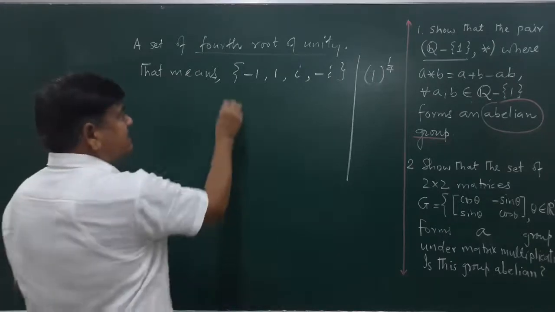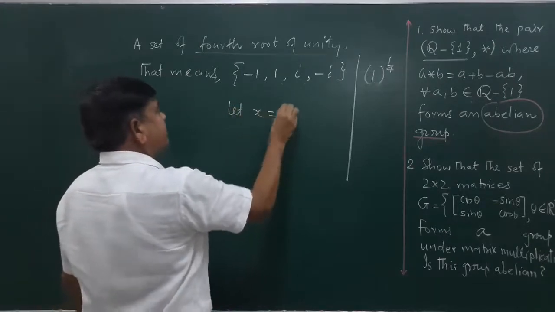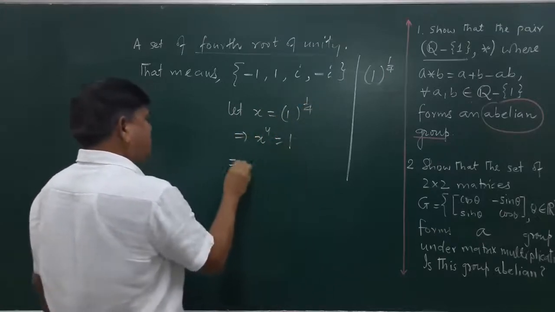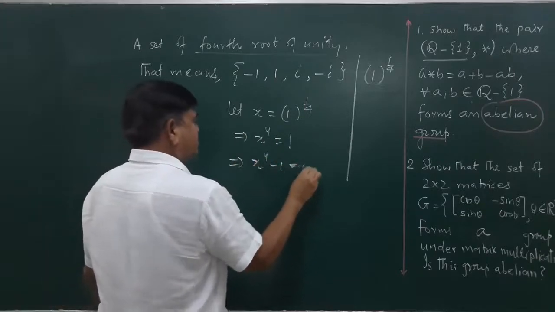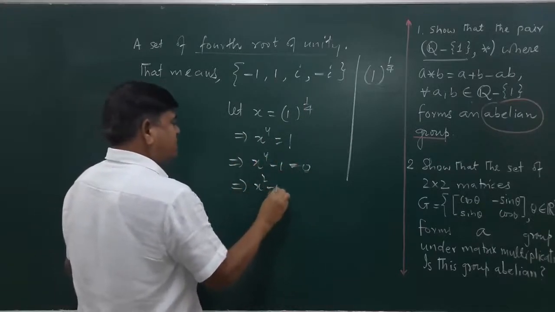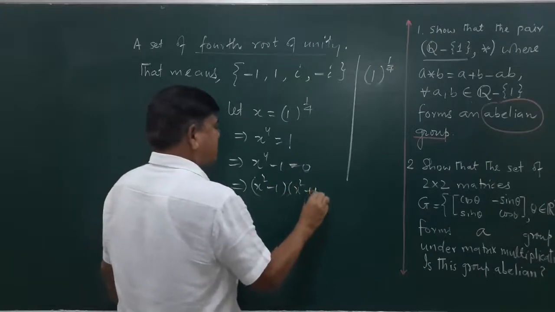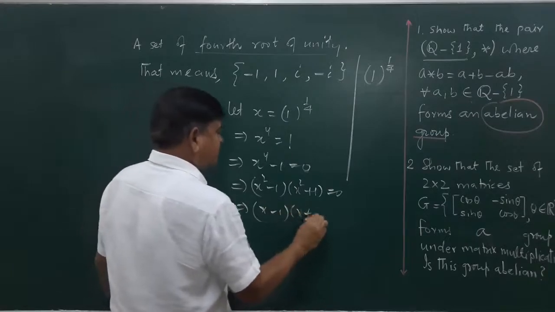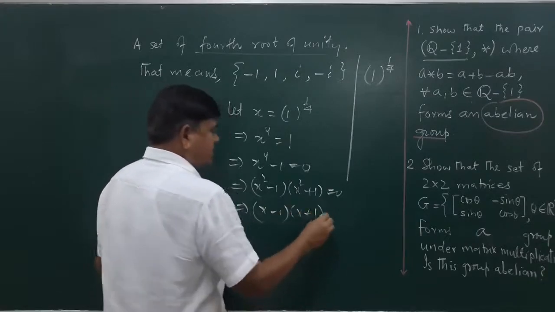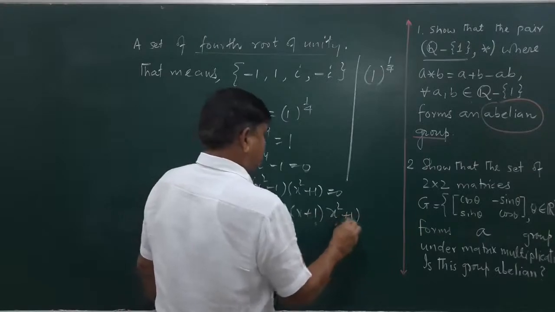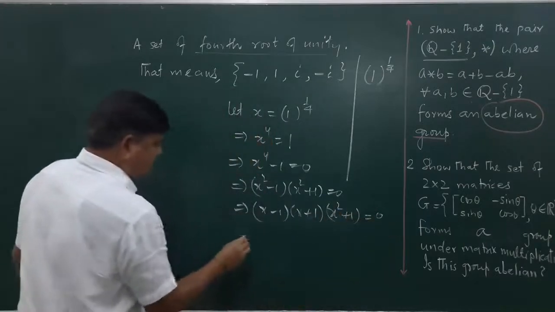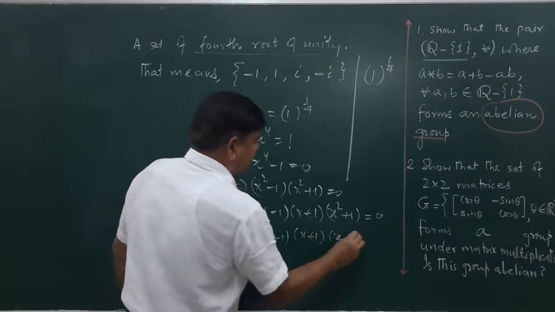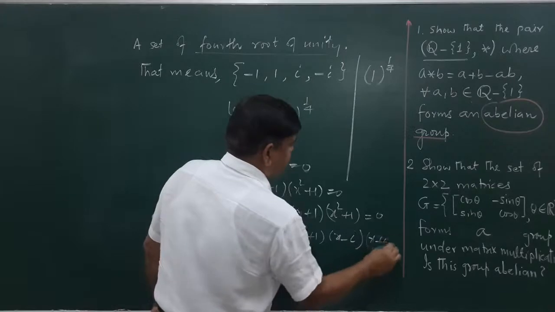So if I say let x equals 1 to the power 1 by 4, implies x to the power 4 equals 1, implies x to the power 4 minus 1 equals 0, implies (x square minus 1)(x square plus 1) equals 0, implies (x minus 1)(x plus 1)(x minus iota)(x plus iota).